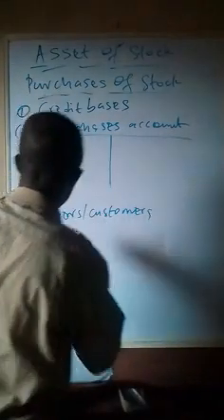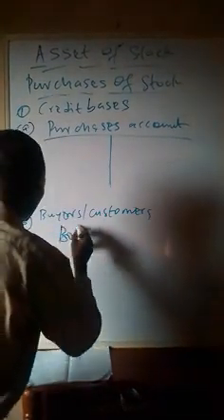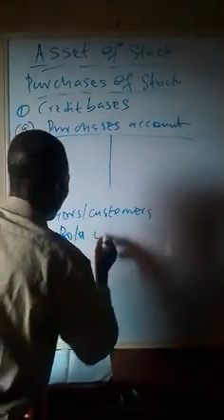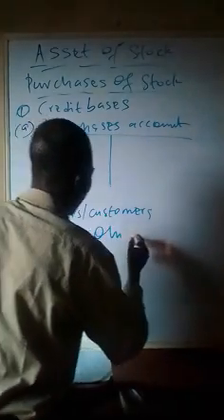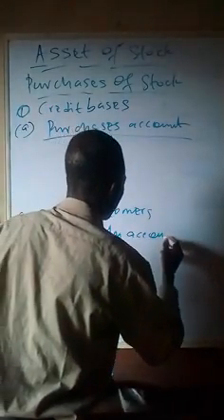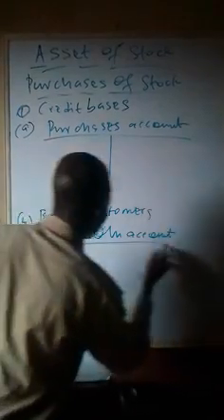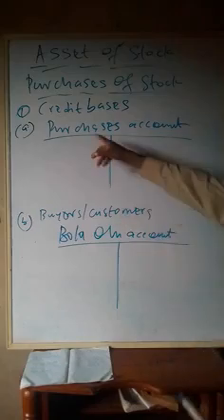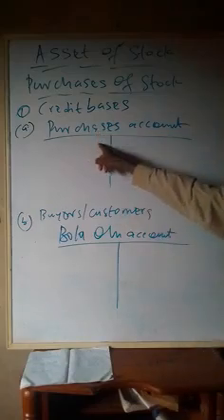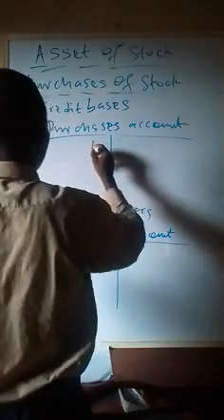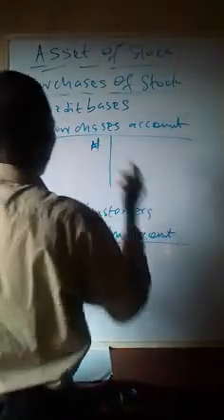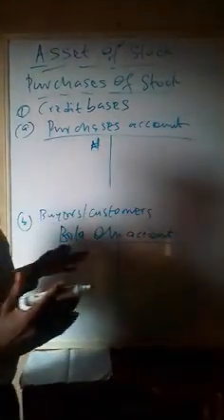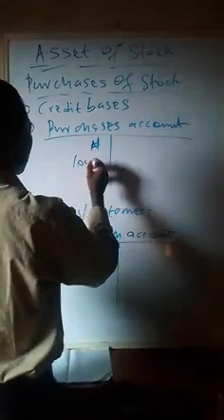So you have, for example, assume it's Bola Olu's account. When we purchase on credit, the asset of stock or purchases increases. For example, let's assume it's 1,000 naira worth of goods that we purchase.